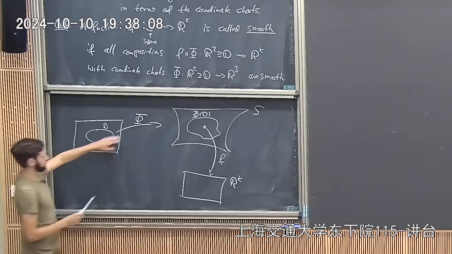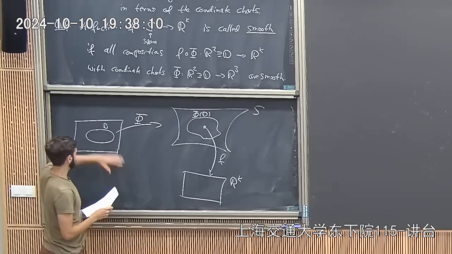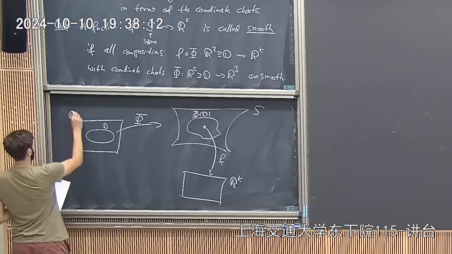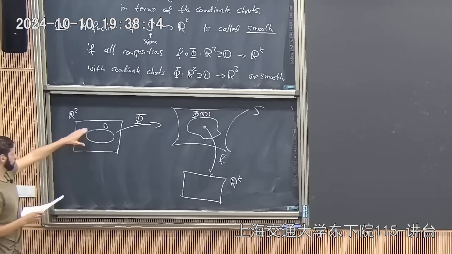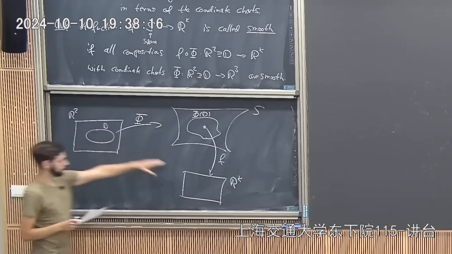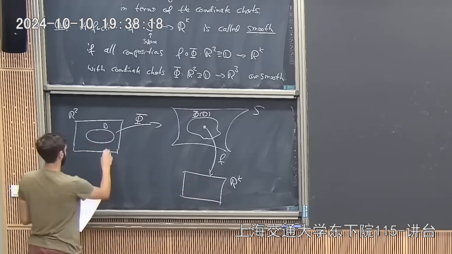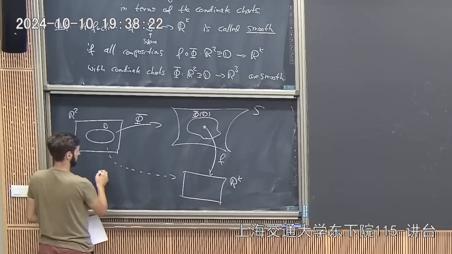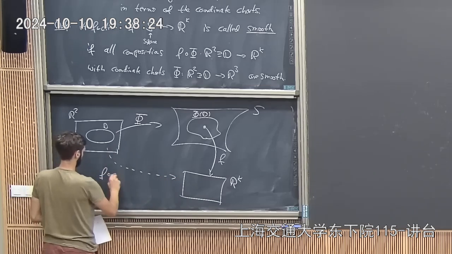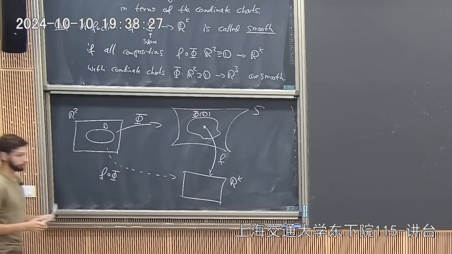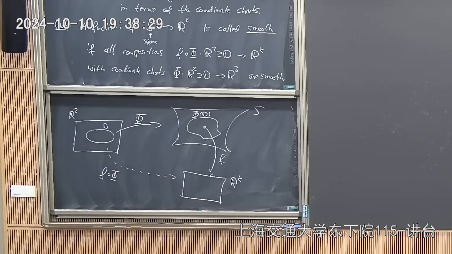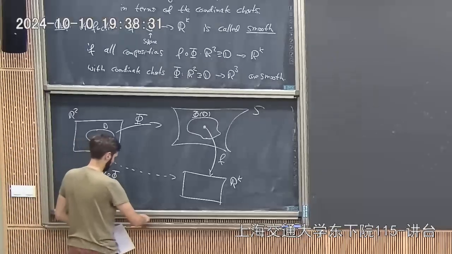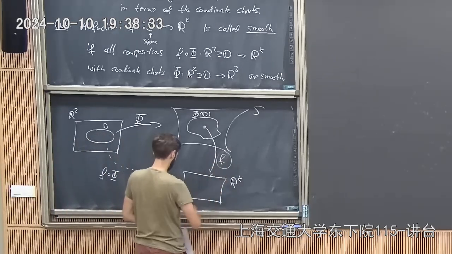Then we say that this composition is a really nice function, because it's a function from R2, or some open subset of R2, into Rk. And for such a map, we know how to say that it is smooth. So that's the idea: we would like to say this one is smooth.